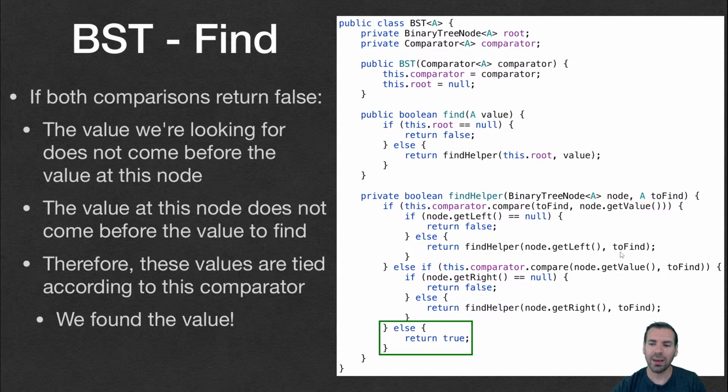But if I swap the arguments, if I say, hey, does toFind come before this node's value? And the comparator says no, returns false. And I swap the arguments. I'm like, well, does this node's value come before the value I'm looking for? And it says no again? If it says false both times, well, then I know these values are equal, according to the comparator.